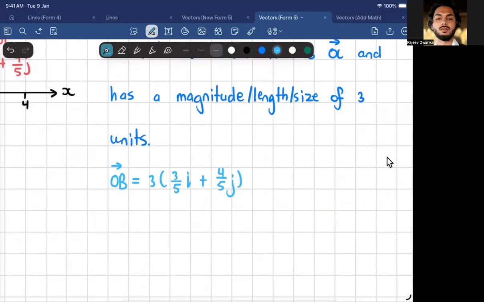What would that give me? So 3 times 3 is 9. So that's going to be 9 over 5 i plus 12 over 5 j.